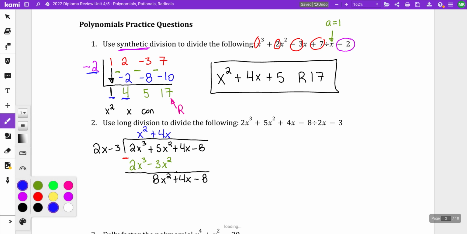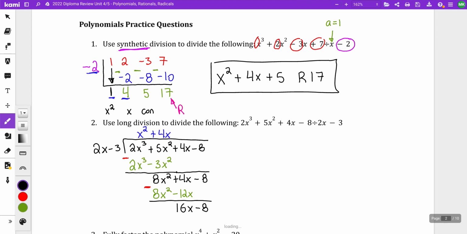When I multiply by positive 4x, I get 8x squared minus 12x. Subtract these two polynomials. 8x squared minus 8x squared will cancel out. 4x minus negative 12x will give me 16x. Minus 8 minus nothing is negative 8.